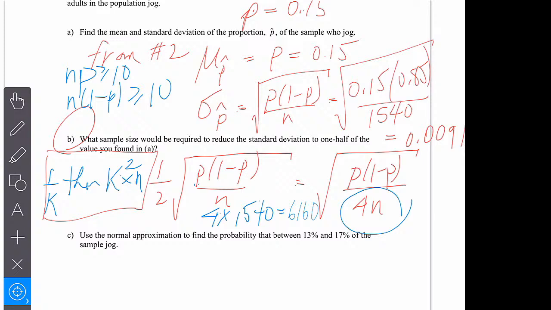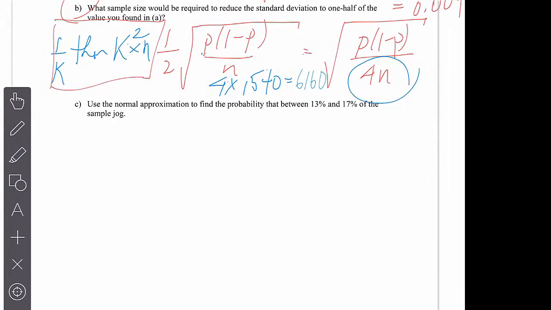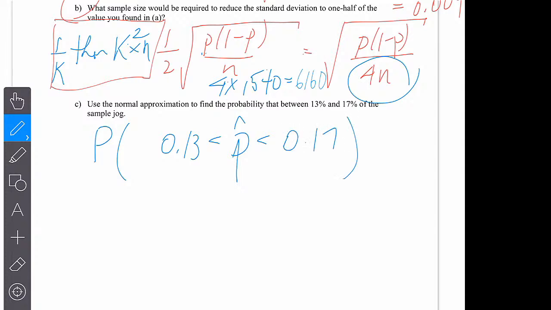And then to figure out the probability that P hat is in between 13% and 17%, you use the results in part A to standardize your results.